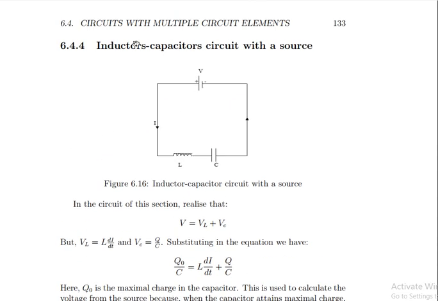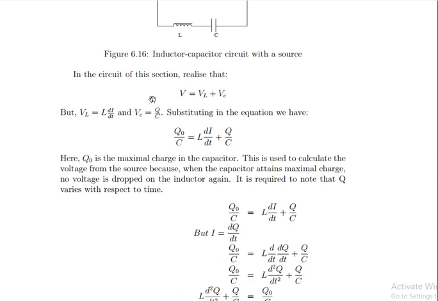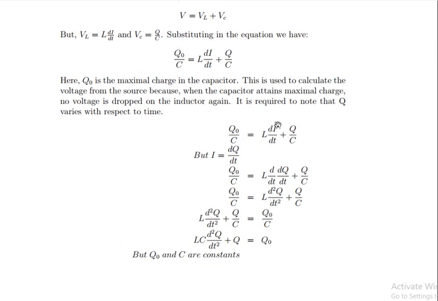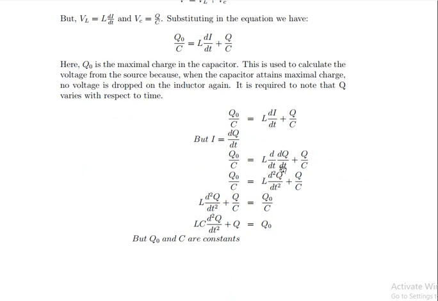So now in this case, you have an inductor capacitor circuit with a source. In the case of an inductor capacitor circuit with a source, you have V equals V of the inductor plus V of the capacitor. So Q0 all over C equals L di all over dt plus Q all over C. So when you have this, you know that I is dq all over dt, so we are going to have a differential equation with a square here.